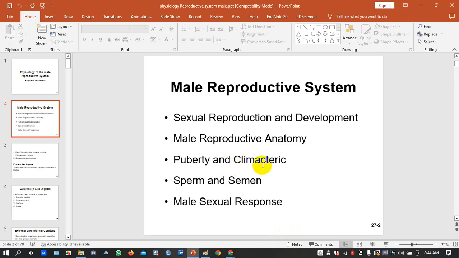Okay, so a climax of this thing, what do we call it? Puberty and climacteric, that climax, it's like menopause. Menopause in males is called andropause. So climacteric is synonymous with andropause over here. Then we'll be looking at the sperm and its production, and male sexual response.